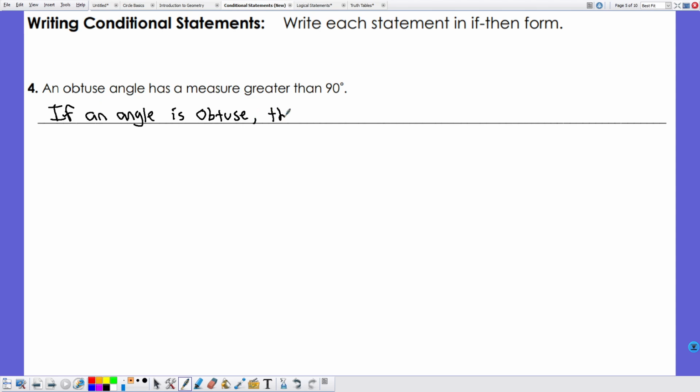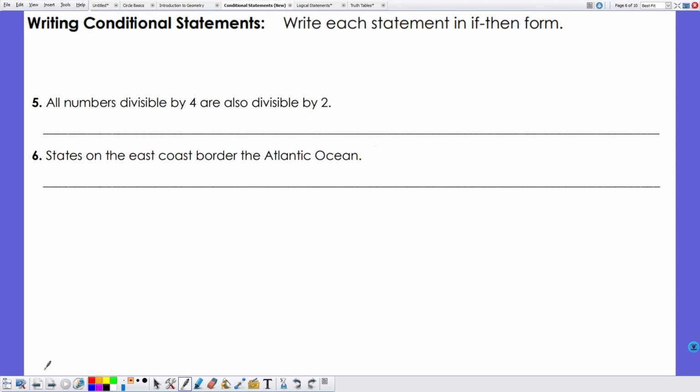So then it has a measure greater than 90 degrees. So fairly simple, hopefully not too bad. Let's try out one more. Let's do number 5.